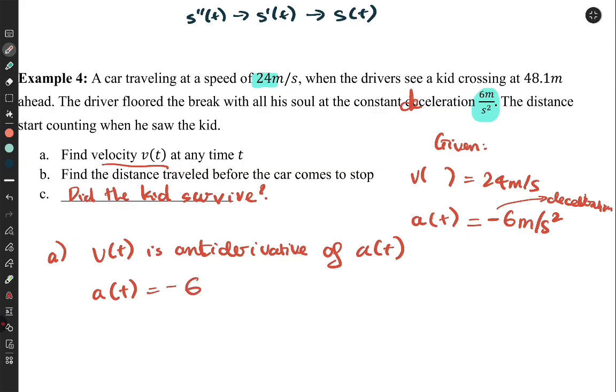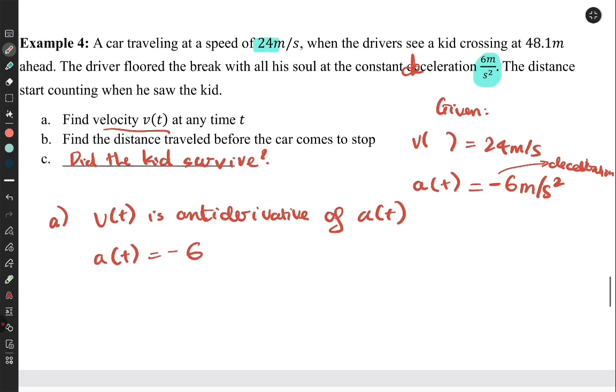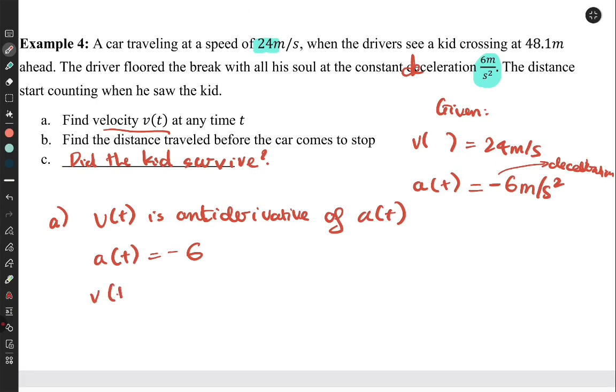I'm going to drop the unit because we don't need it here. So the velocity will be negative 6t plus c.